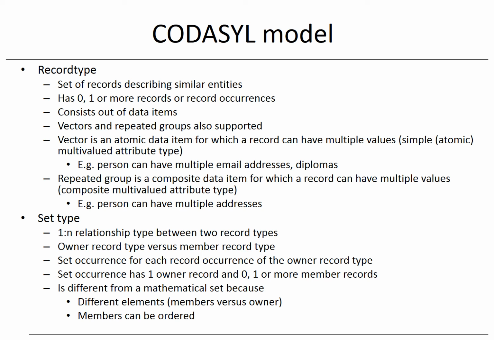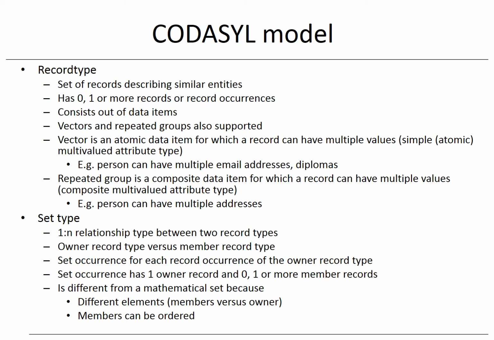The CODASYL model provides support for both vectors and repeated groups. A vector is a multi-valued attribute type or an atomic data item for which a record can have multiple values. For example, if a supplier can have multiple email addresses, then this can be modeled using a vector.